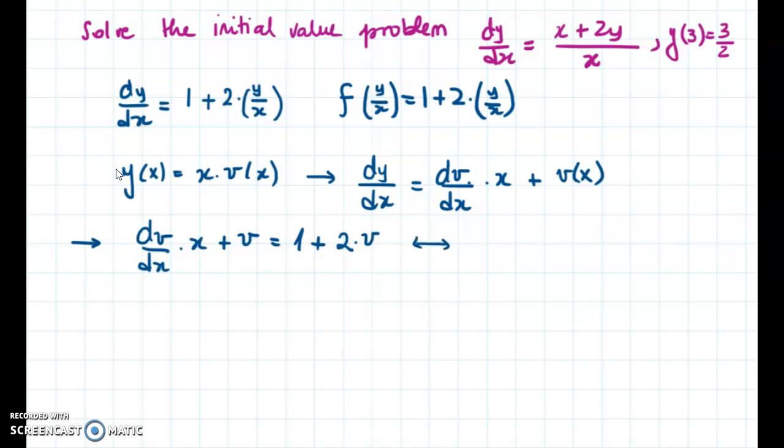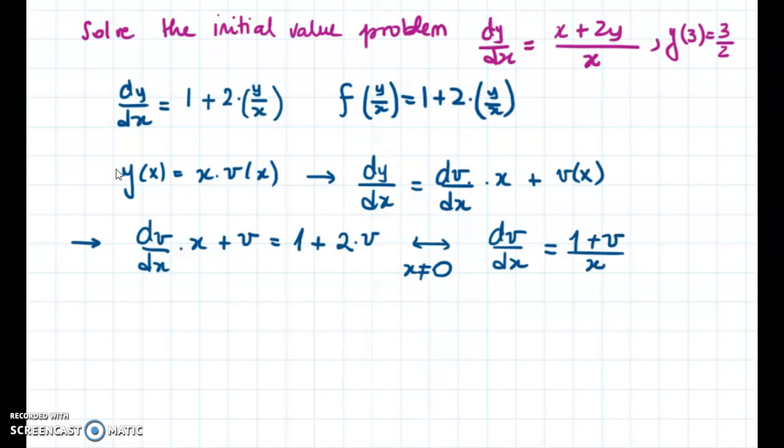So if I isolate, for x different from 0, the dv dx on the left hand side, then we have dv dx is equal to 1 plus 2v minus v, so 1 plus v divided by x, and this is a separable differential equation.